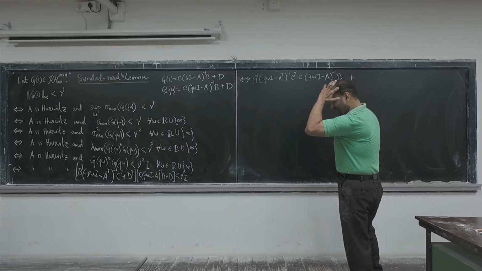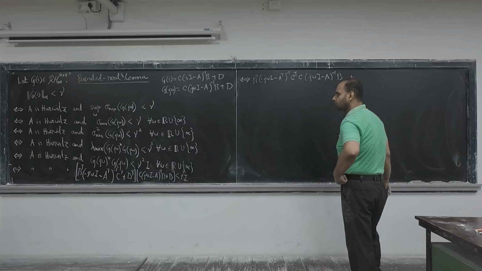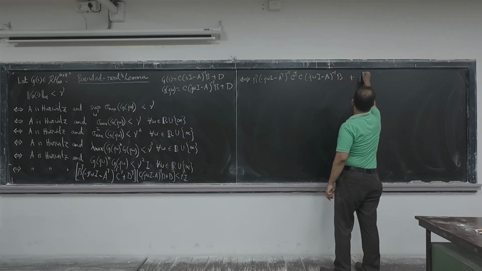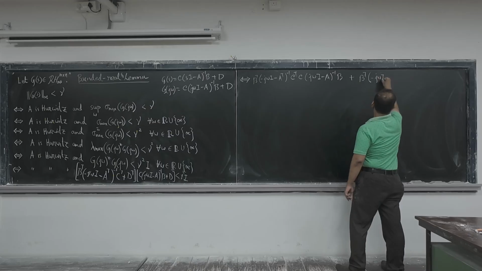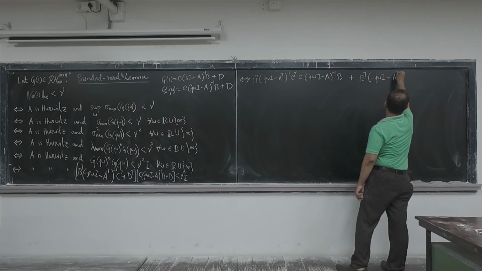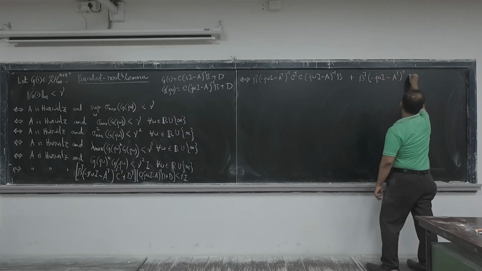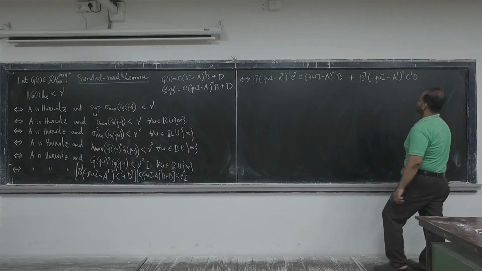The second one is going to be B transpose minus j omega I minus A transpose whole inverse into C transpose.